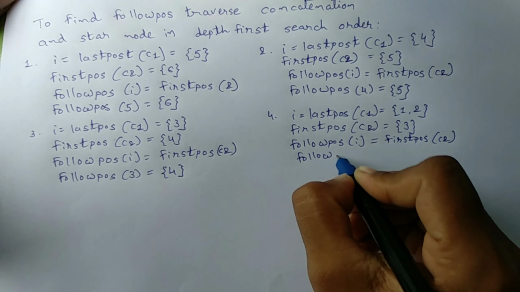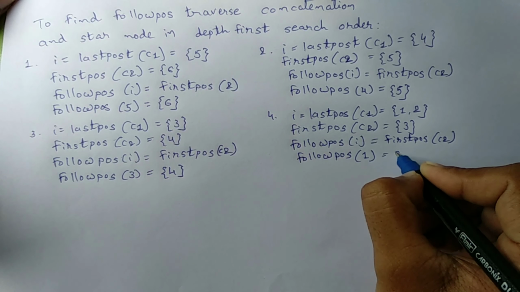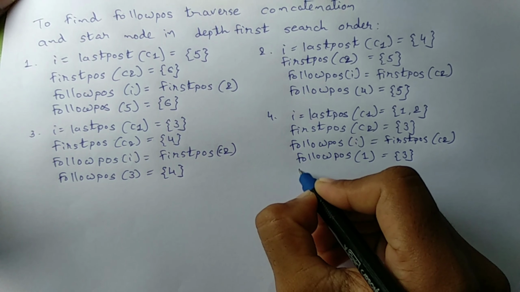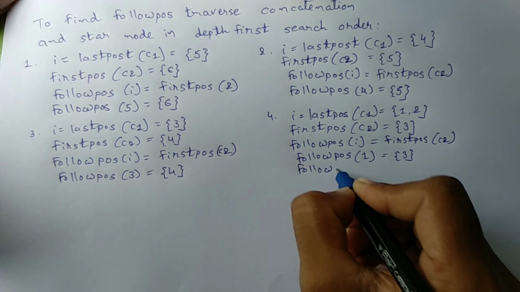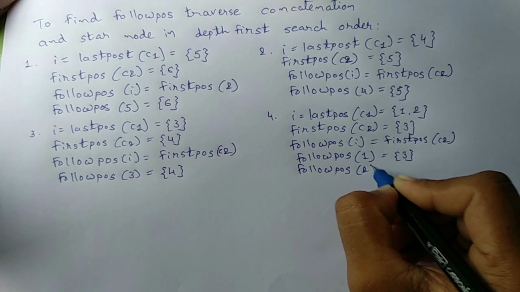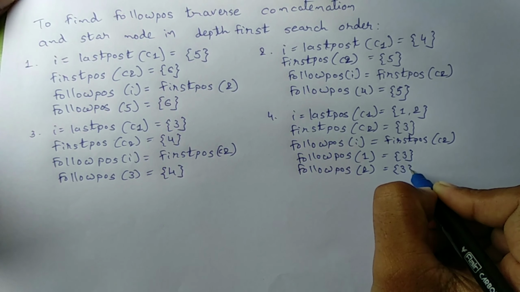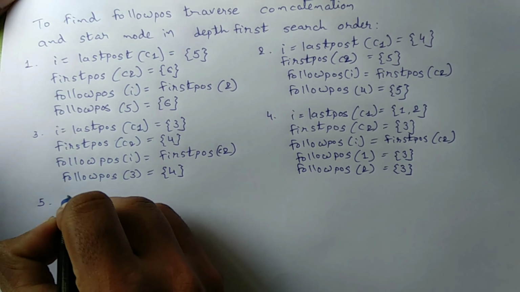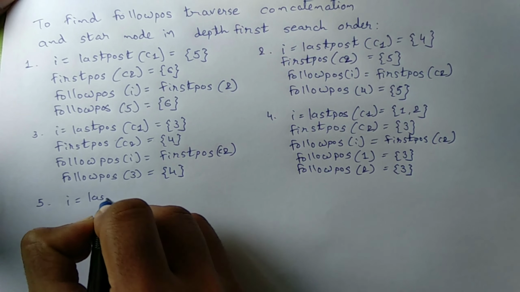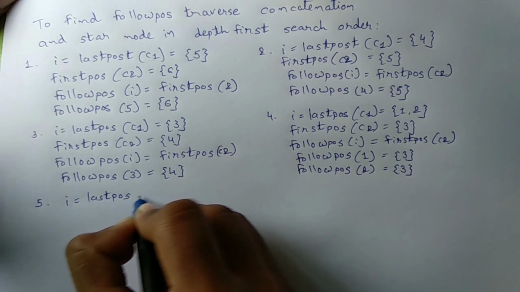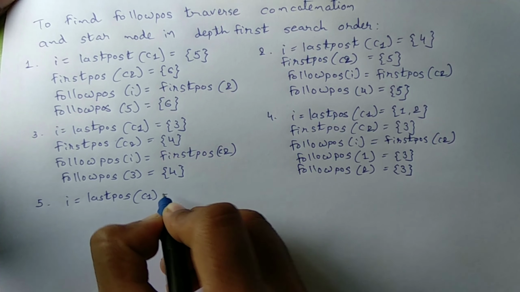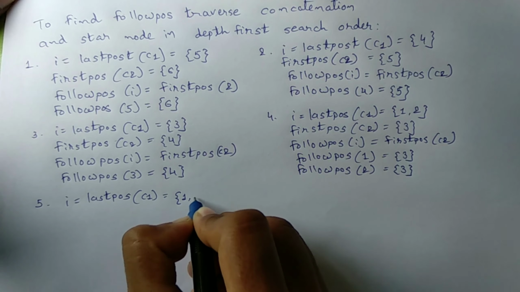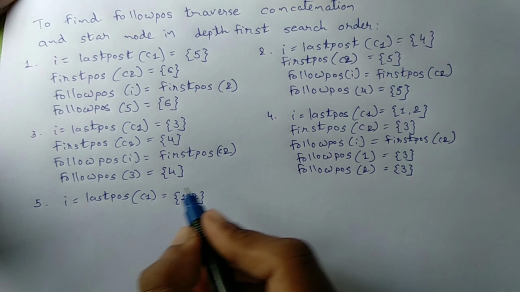So follow position of 1 is equal to 3, as well as follow position of 2 is equal to 3. Next i equal to last position of c1 equal to 1, 2.